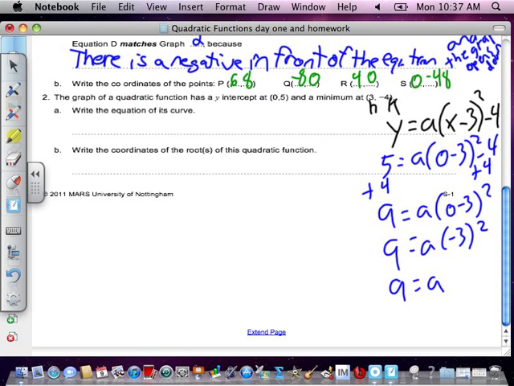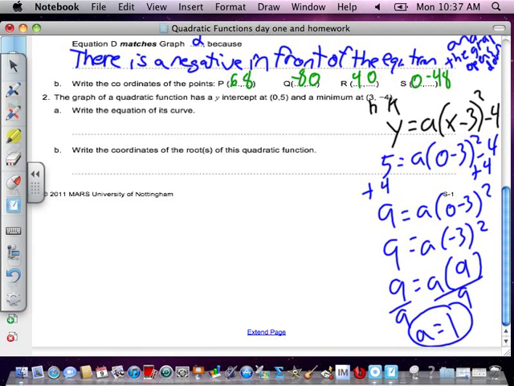So what is negative 3 squared? 9. 3 times 3 is 9. You don't have to square root it because there's no x here. So we're going to divide both sides by 9, and what does A equal? 1.